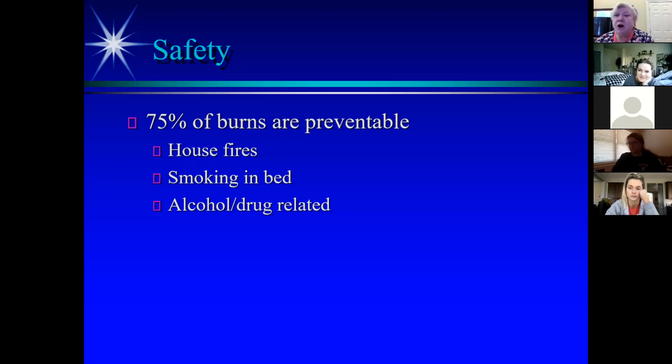A normal PR interval is A, less than 0.12 seconds, B, 0.12 to 0.20 seconds, C, 0.03 to 0.10 seconds, D, 0.16 to 0.34 seconds. And you would pick the correct answer.